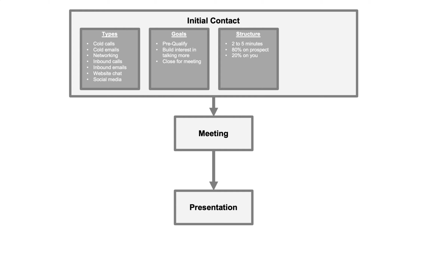By the way, this might be something new for the product selling salesperson, who would typically try to spend 80% of the initial contact on them. This is what I sell, this is what I do. An initial contact cold email from a product selling salesperson is going to be 80% all about the company and the product. So you want to shift, make it 80% about them, 20% about you.